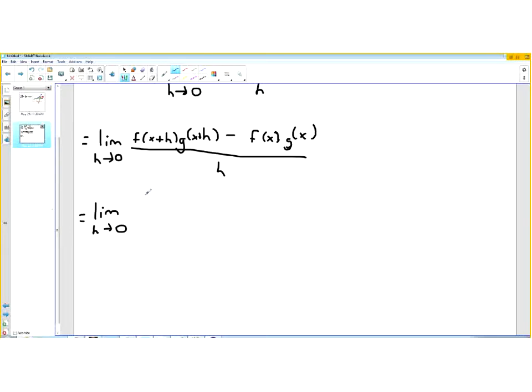In order to do that, I'm going to subtract a quantity from the numerator, which I'll accentuate in red.